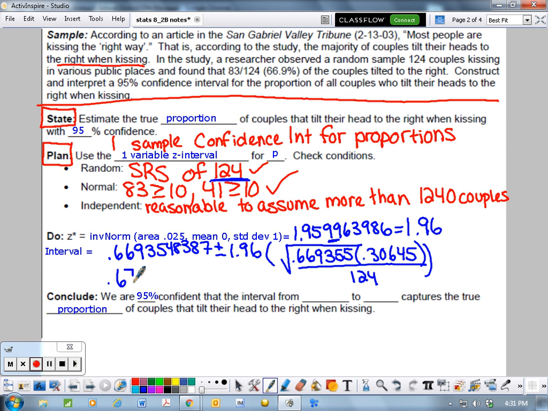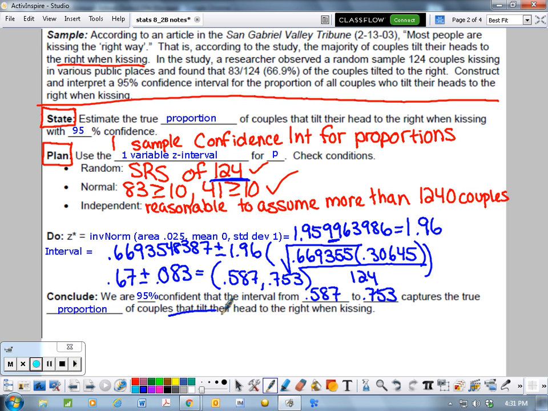I'm going to go ahead and round the proportion to 0.67 plus or minus 0.083, which is now going to give us an interval of 0.67 minus 0.083, 0.587, to 0.67 plus 0.083, 0.753, which means that we are 95% confident that the interval from 0.587 to 0.753 captures the true proportion of couples that tilt their head to the right when kissing.